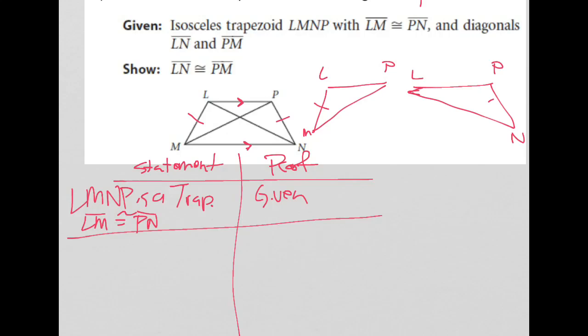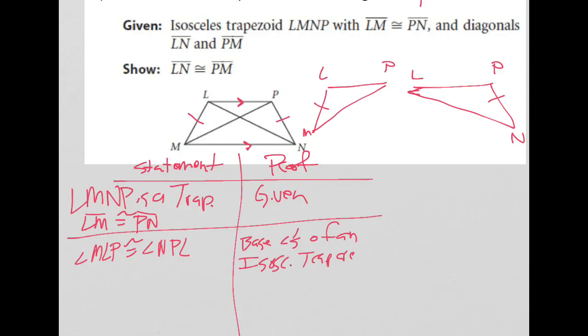Notice how I've taken two different pieces of that trapezoid. I know that that is congruent to that. That was given. And I don't have anything else to mark yet. But I do know that angle MLP has to be congruent to angle NPL because base angles of an isosceles trapezoid are congruent.